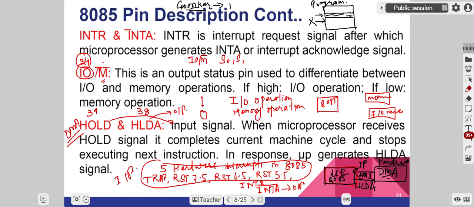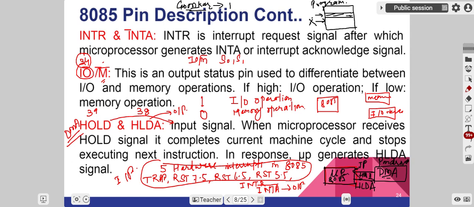Rahul, what is the clock frequency of the 8085 microprocessor? Shivani, yes, it is 3 megahertz, or to be very precise, it is 3.07 megahertz. Okay.